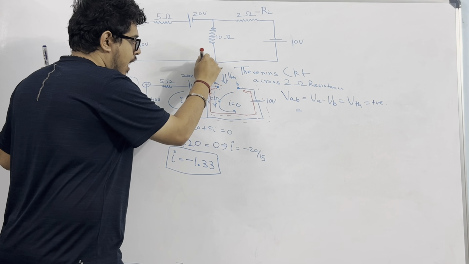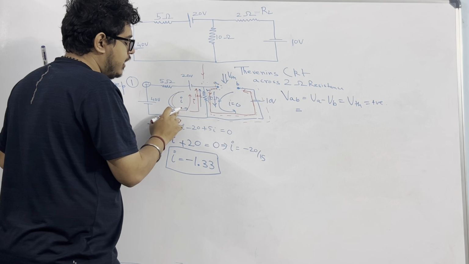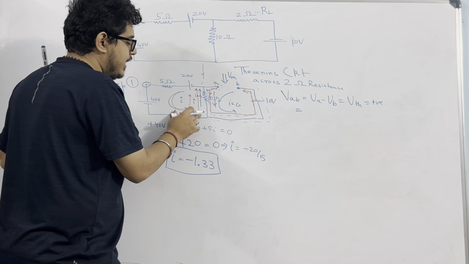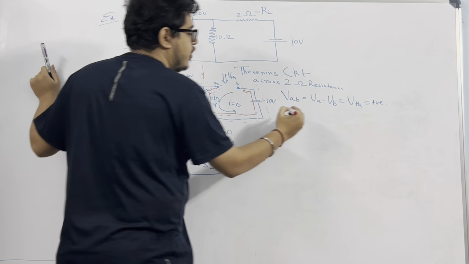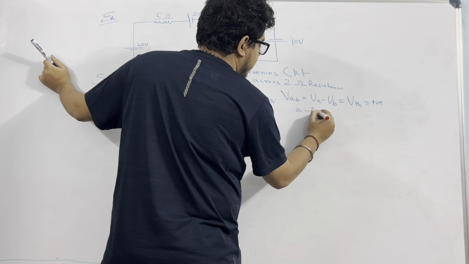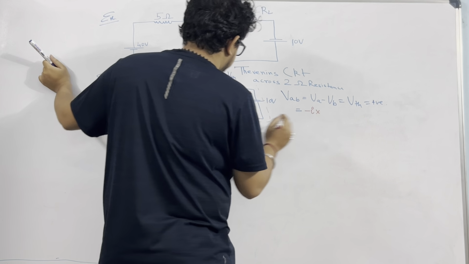I already assumed the I to be flowing clockwise, from down to up. But if I am coming from A to B, I am coming from up to down. So from up to down, minus I is flowing, minus I into 10 ohm resistance.